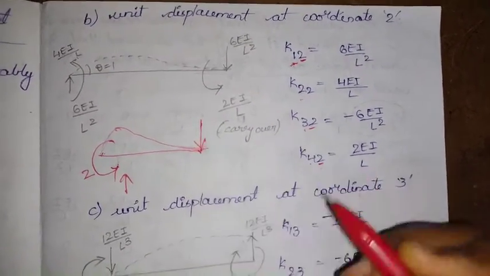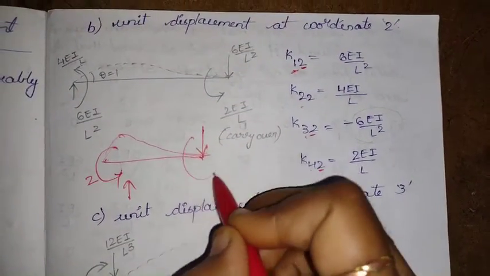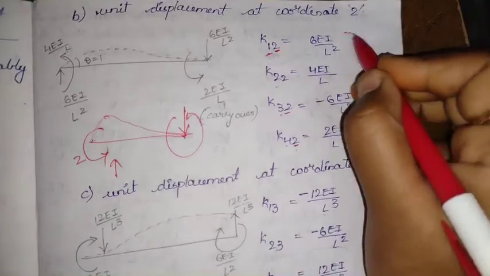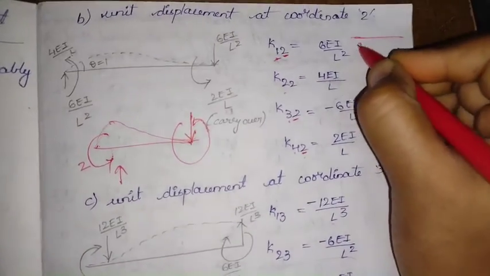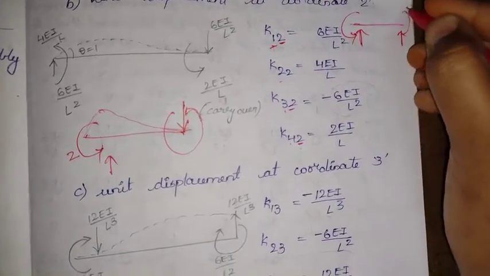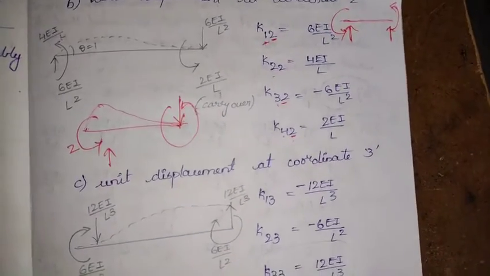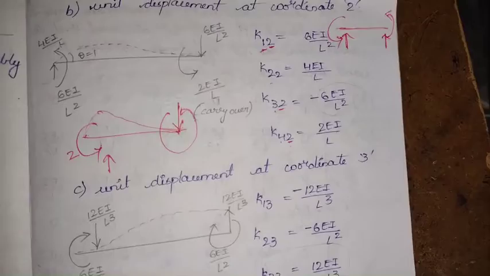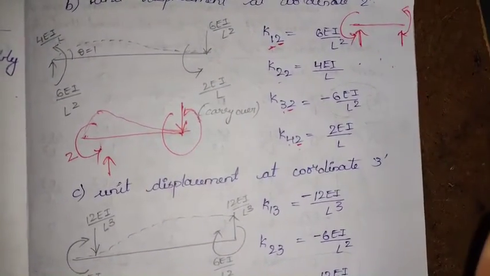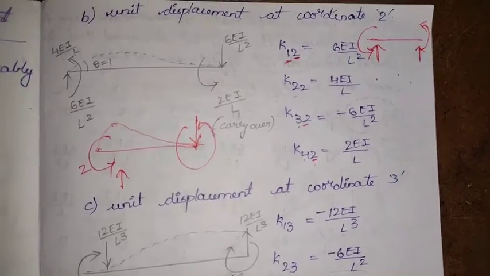So it will be downward in nature. That is, again, it should be anti-clockwise in nature. But initially we have considered these directions. So if it is in these directions, like the initial ones considered, they would be positive. If they are in the opposite direction, it would be negative.